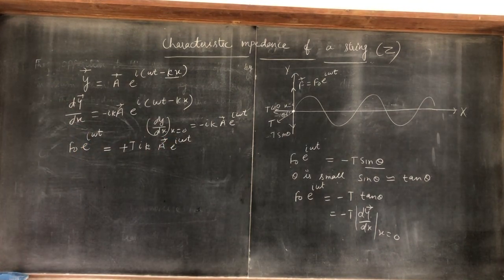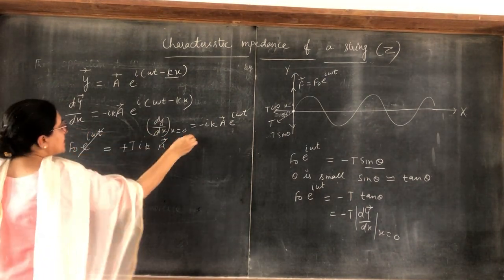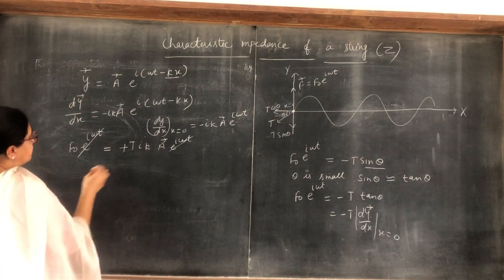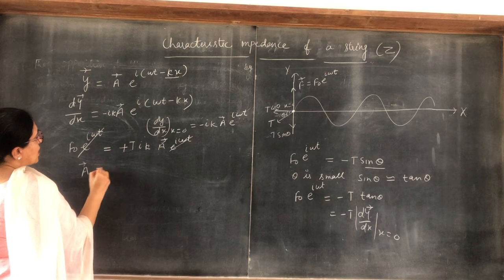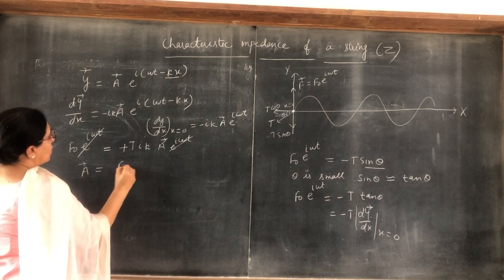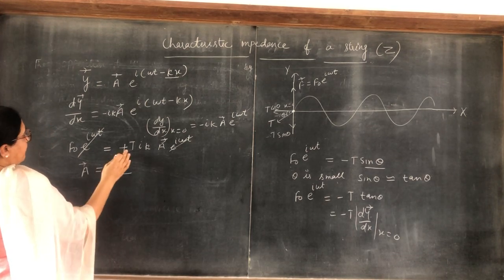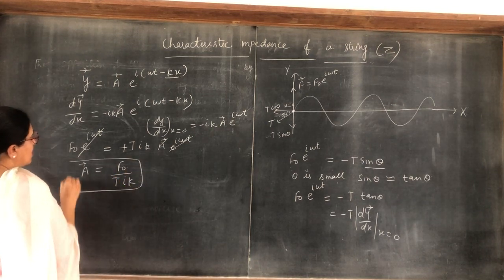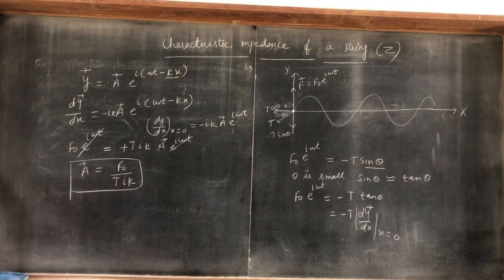So from this you can find out the value of a, which comes out to be f naught over T iota k. So this is the value of a.